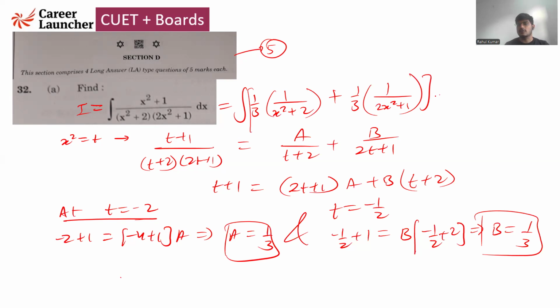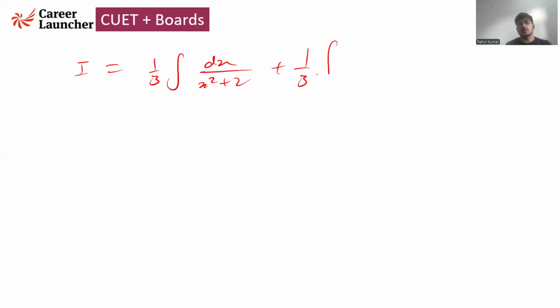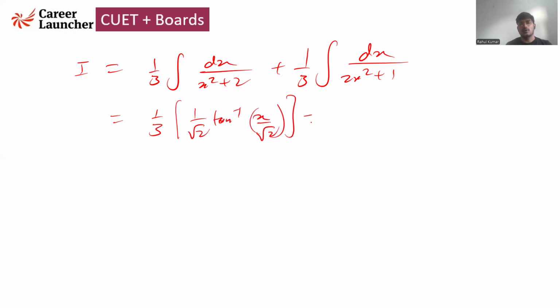Now still there may be a lot of confusion for students. So what do I have to do in the integration? I'll do the separate integrals: 1 by 3 integration of dx by (x square plus 2), and 1 by 3 integration of dx by (2x square plus 1). Now the answer will be quite simple here: 1 upon root 2 tan inverse x by root 2.